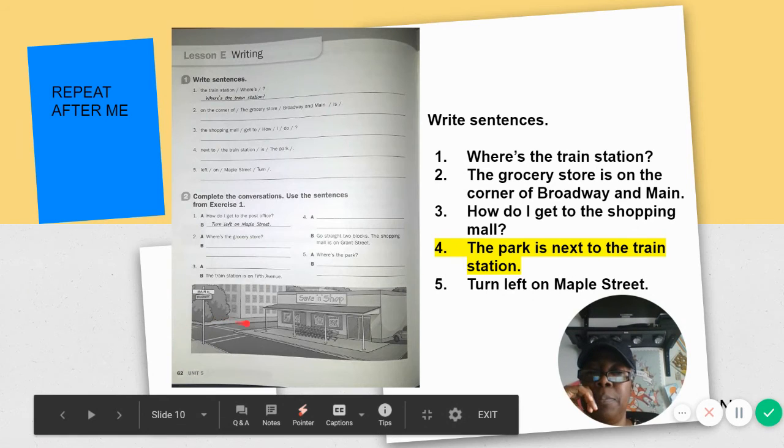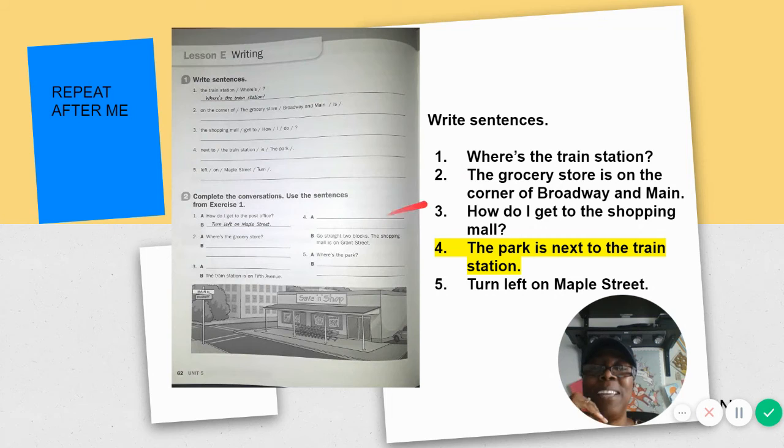I think I missed one. I did miss one. Okay, so go straight 2 blocks. The shopping mall is on Grant Street. So the question for that would be, how do I get to the shopping mall? I missed this one. How do I get to the shopping mall?